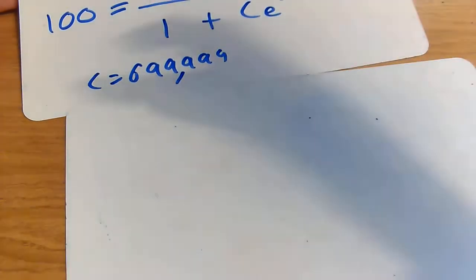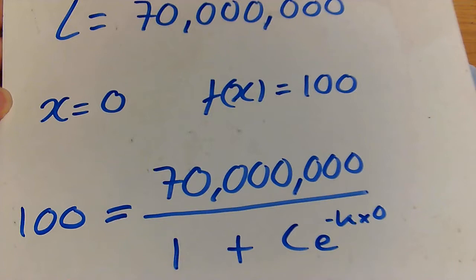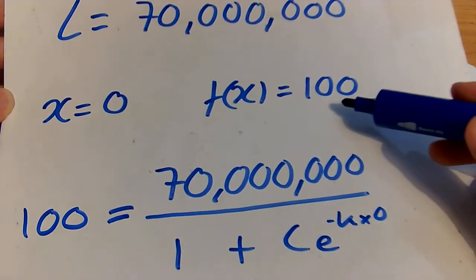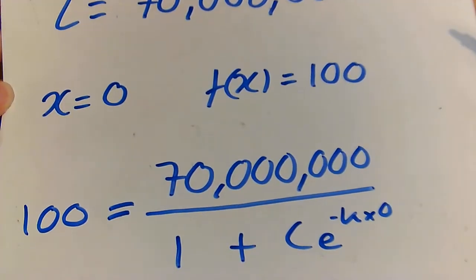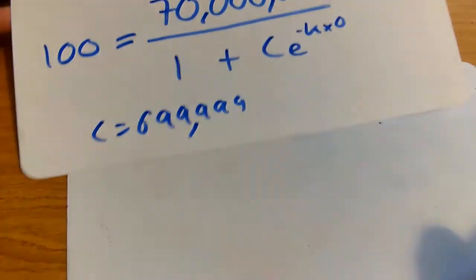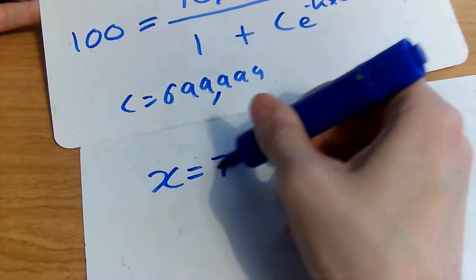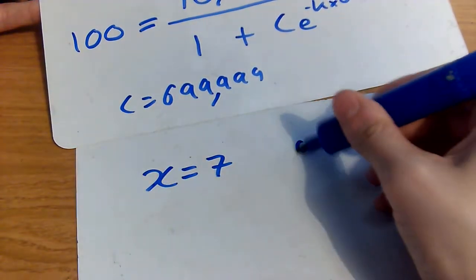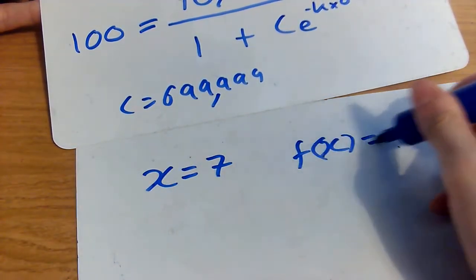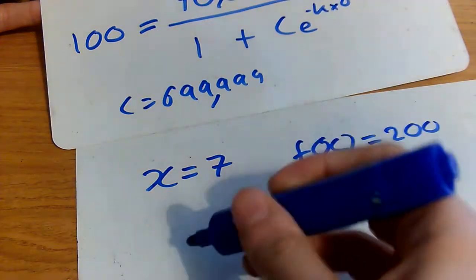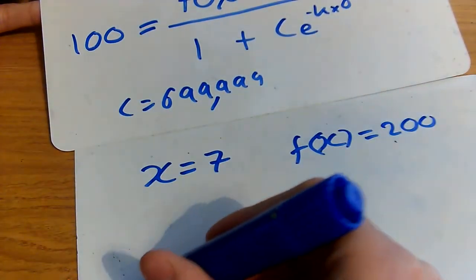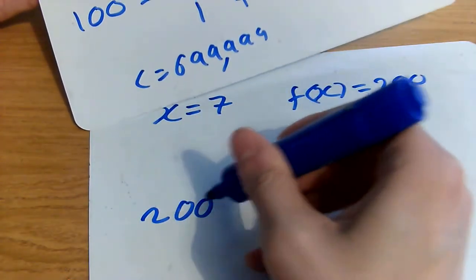So let's say maybe 1 week later, the number of infected people, let's be conservative, let's say it's just gone to 200. So it's doubled in 1 week, which is actually slower than the real thing, I think. That means that x would be 7, so 7 days, and then the output of the function would be 200. Well, the equation we're solving now is going to be equal to 200.